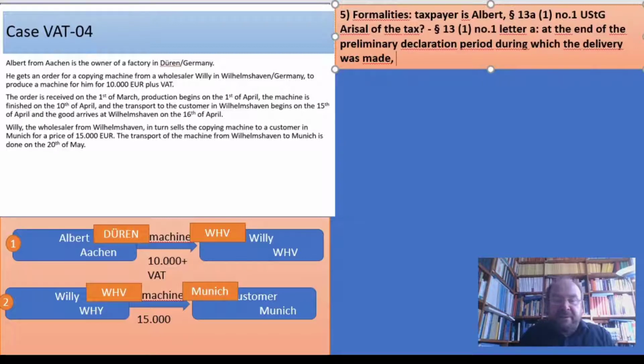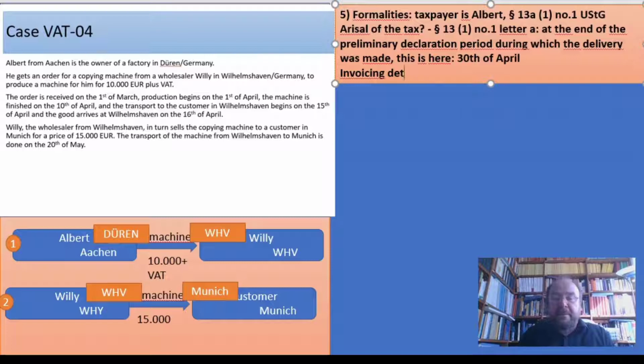That depends a bit on civil law, but in all cases this is in April, and so the end of the declaration period is the 30th of April.